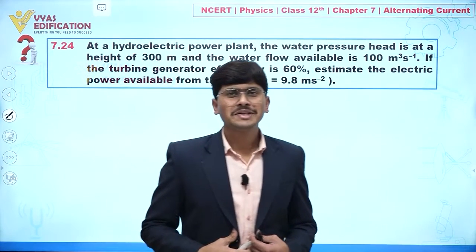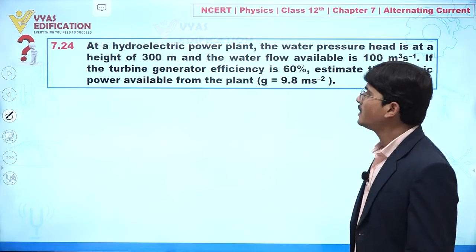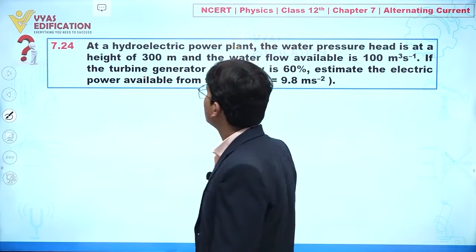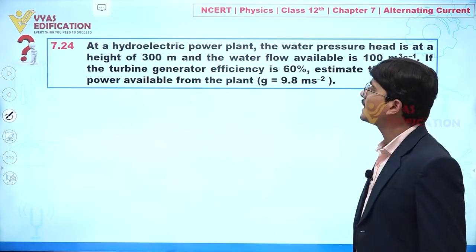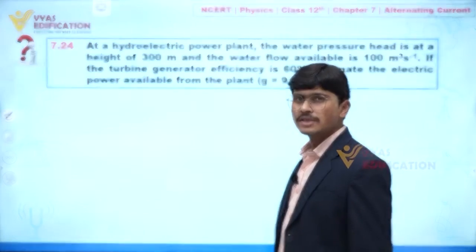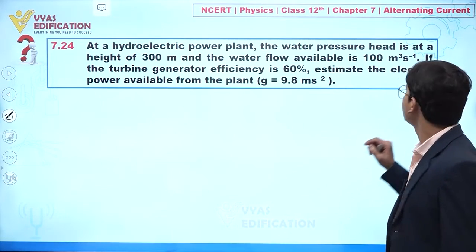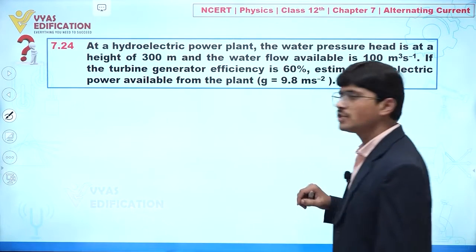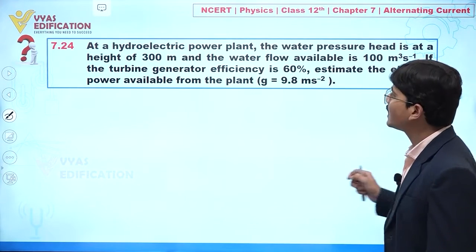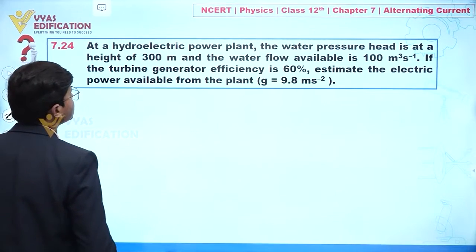Now we are going to discuss question number 7.24. In this question it is given, at a hydroelectric power plant the water pressure head is at a height of 300 meter and the water flow available is 100 meter cube per second. If the turbine generator has an efficiency of 60%, estimate the electric power available from the plant. So what are the parameters given to you?